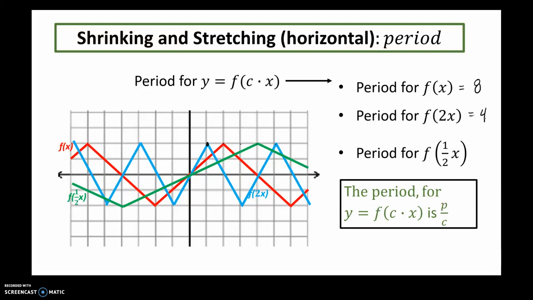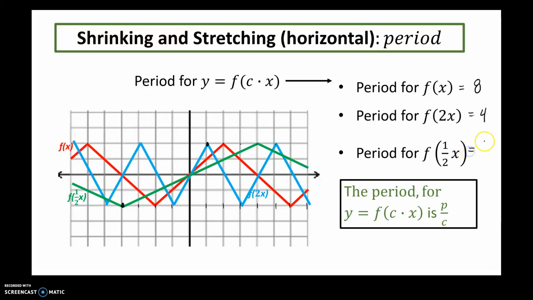Now for the 1/2 x in green, I'll start here. 1, 2, 3, 4, 5, 6, 7, 8, 9, 10, 11. I can't even determine the period from what's given on the graph. So here's your relationship for the period of a horizontal stretch or shrink. When your multiplier is on the inside with the x, the period is P divided by c, whatever your multiplier is.